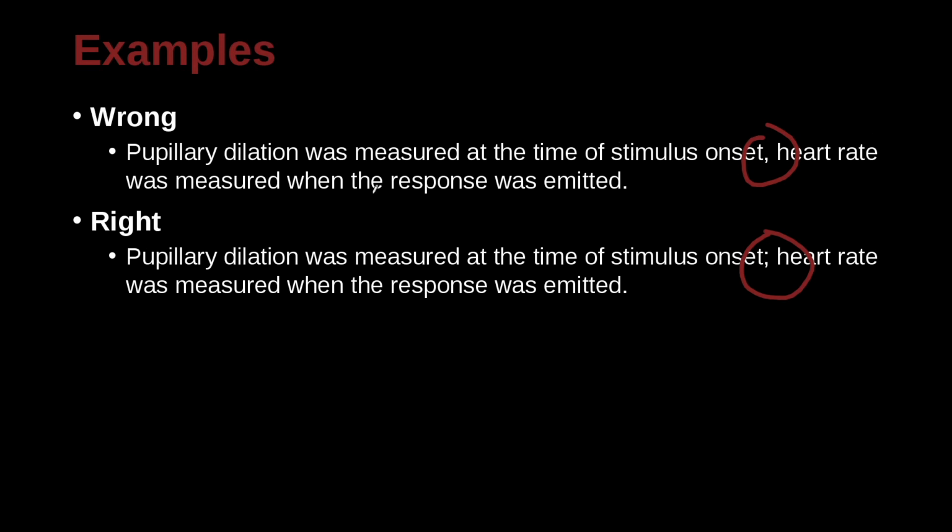Heart rate was measured when the response was emitted. And this seems very independent. It has a subject and a verb all on its own. So how can we join that together? We could use a comma and a conjunction, comma and, or we can just use a semicolon. And that's what's done here, a semicolon.